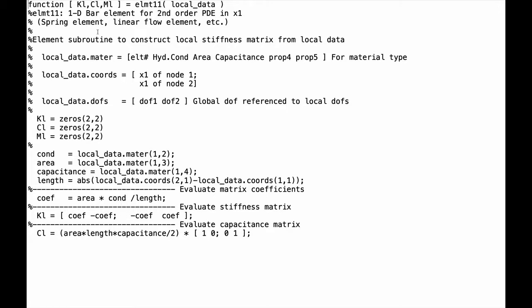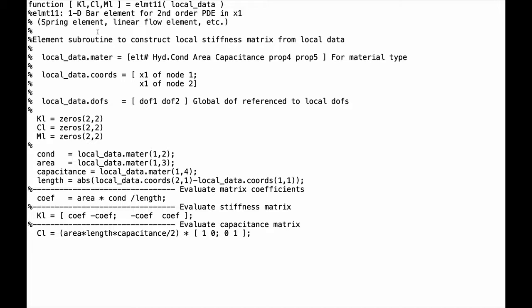But basically this is something that takes in some information from an individual element. So it's a one-dimensional element with a node at each end. It takes in the x-coordinates of the two ends of that element. It uses those, it zeroes out the individual elements that you'd like to calculate.